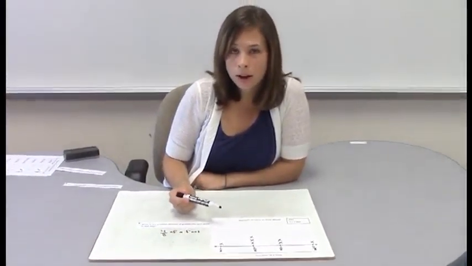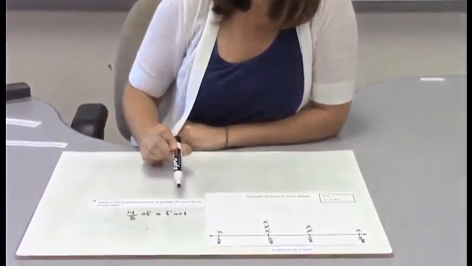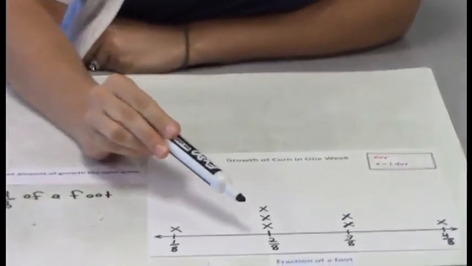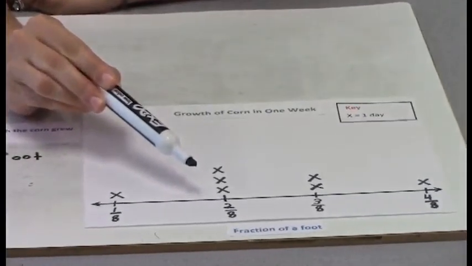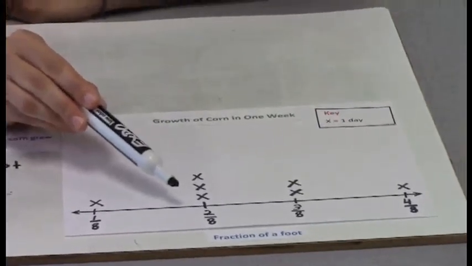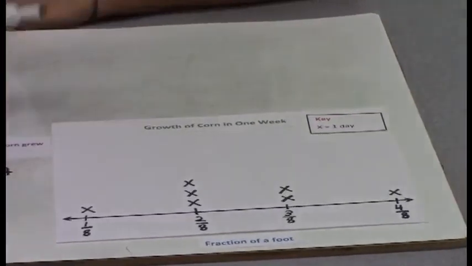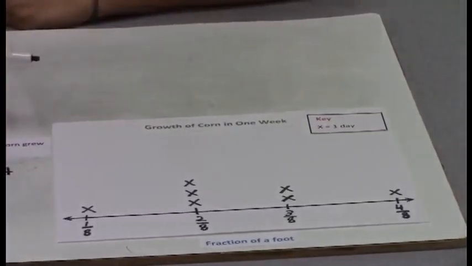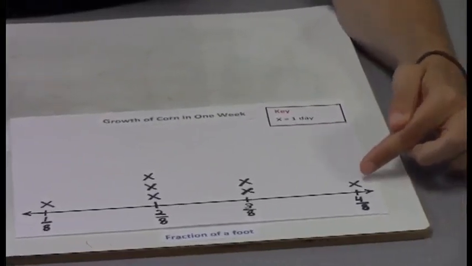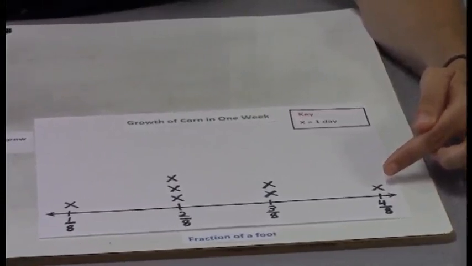However, 2/8 would not be the correct answer, because the question asks, what's the greatest amount of growth the corn grew in 1 day? 2/8 would answer the question, what amount of growth occurred the most often? Then it would be 2/8, because it occurred over 3 days. But we're just looking for the greatest amount of growth that the corn would have made in 1 day. And 4/8 would be the greatest, and we know that it did occur at least 1 day because there is an X plotted above 4/8.